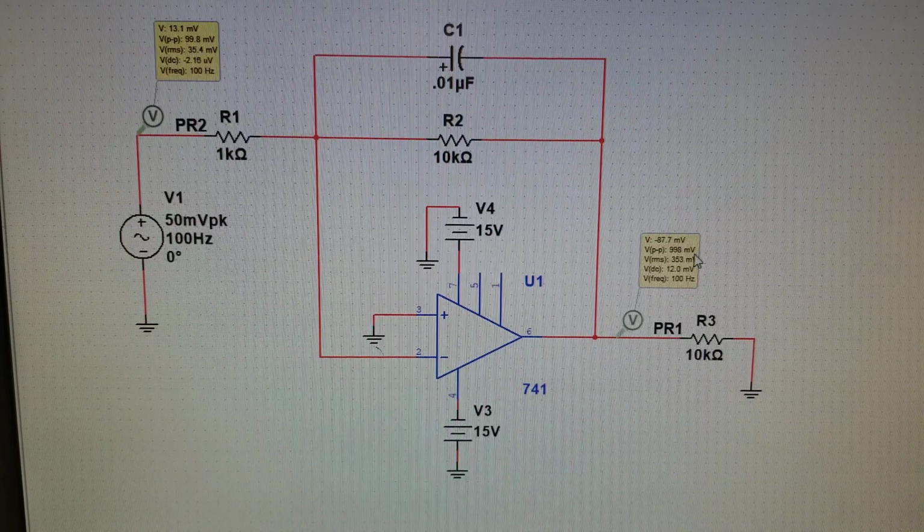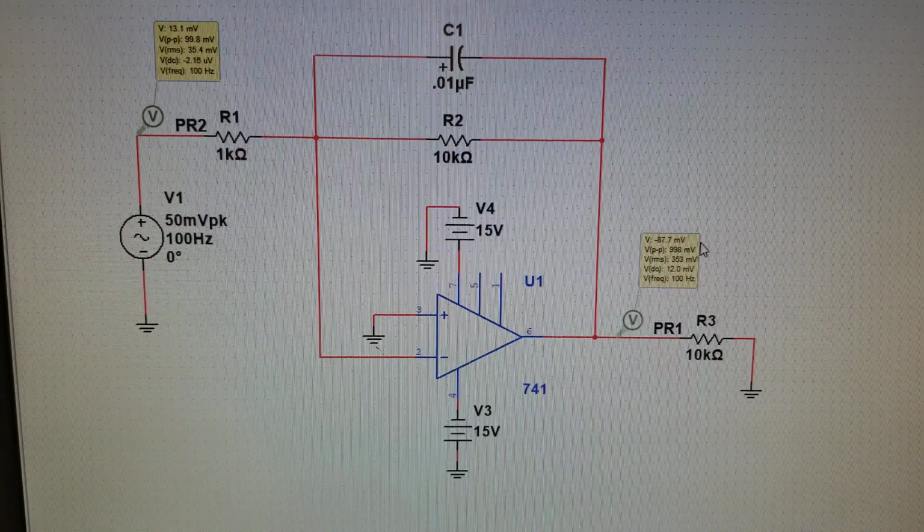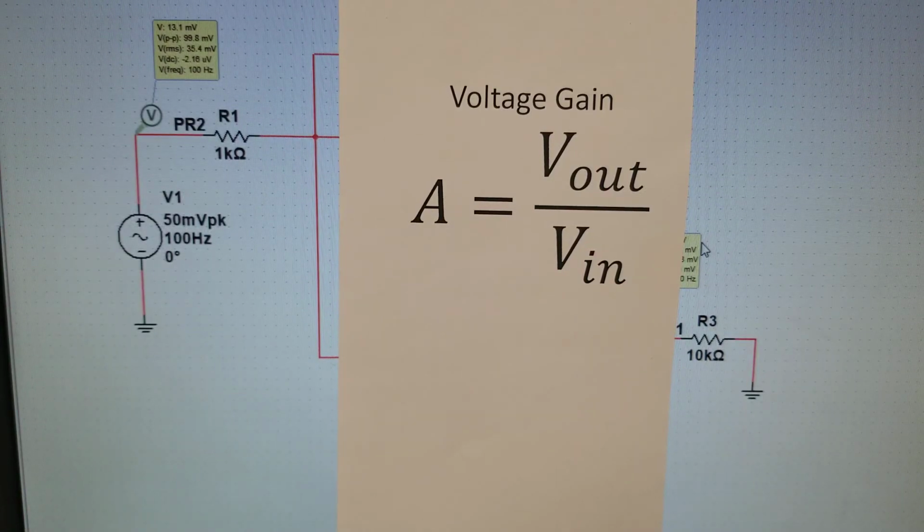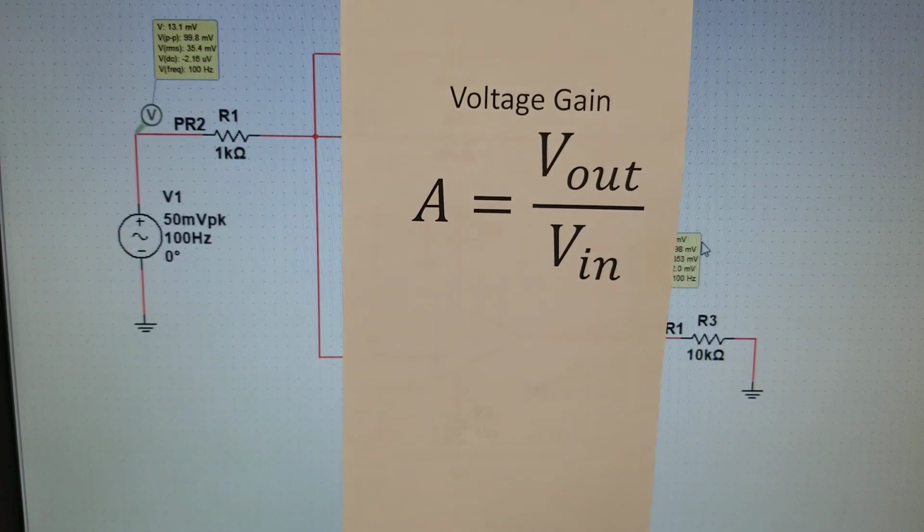Our output voltage is at 998 millivolts, so we could call that 1 volt. To find our voltage gain, A, which is that next box, we need to divide our voltage out by our voltage in. And we find by dividing our volts out of 1 volt by our volts in of 100 millivolts, that we have a voltage gain of 10.